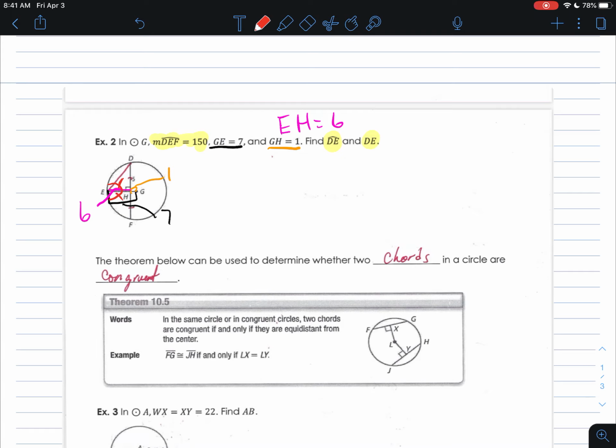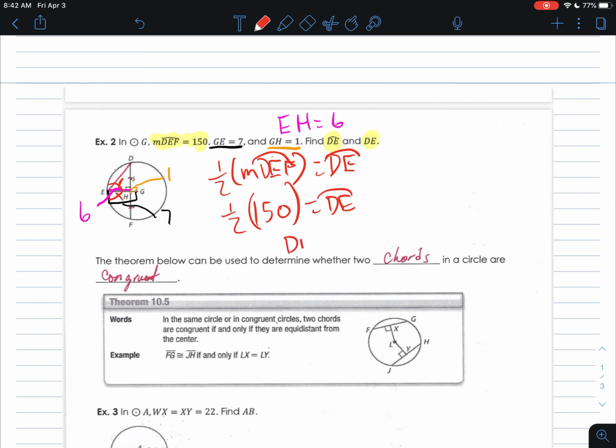The only way it could do that is if we take 1/2 of the measure of arc DEF, and that's going to equal arc DE. We plug it in, 150, and we get arc DE equals 75 degrees.